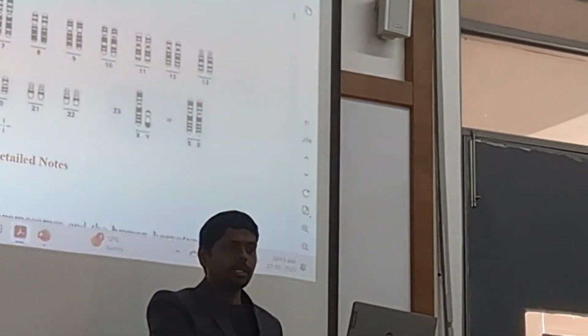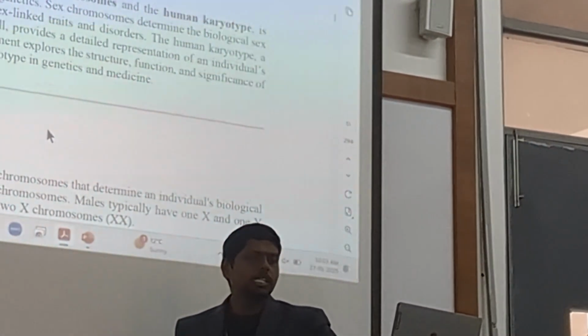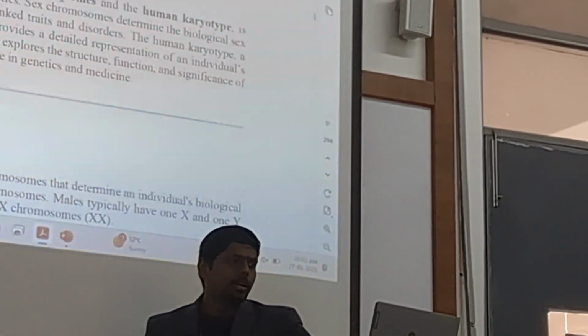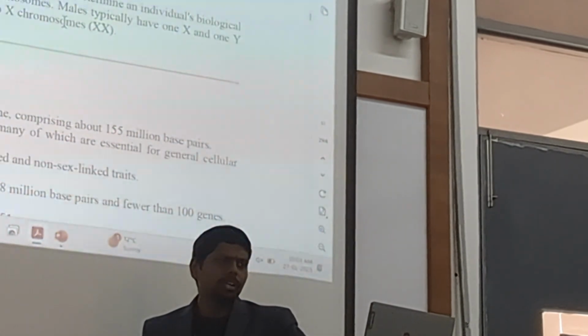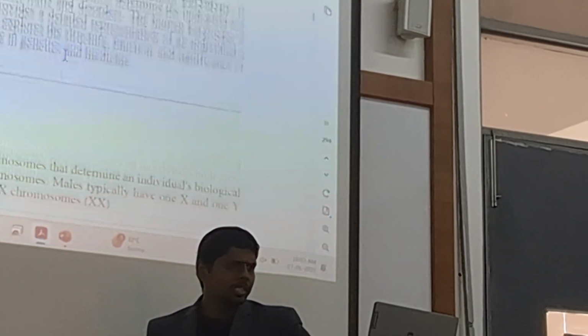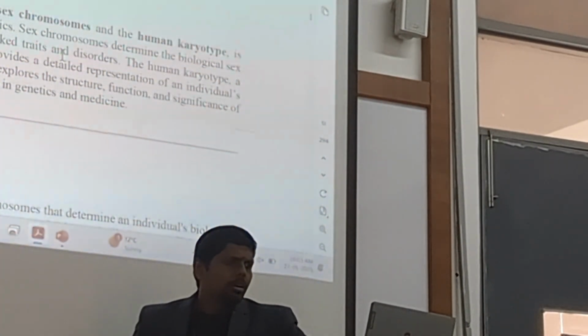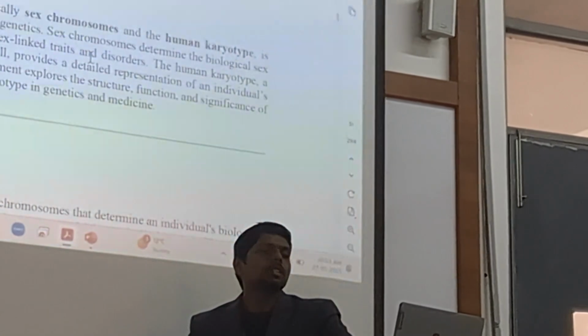Then karyotyping. Already you know what karyotyping is. So the basic definition of karyotyping. Sex chromosomes are specific. Why is it only karyotype of sex chromosomes here? Okay, sex chromosomes and human karyotypes. So this is about sex chromosomes.